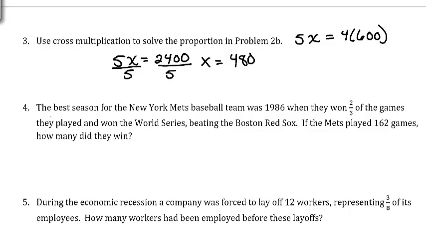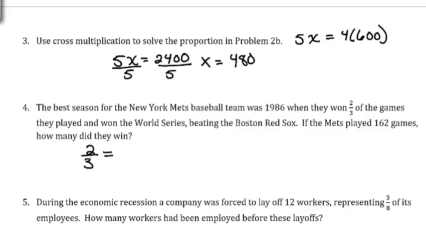The best season for the New York Mets baseball team was in 1986 when they won 2/3 of the games they played and won the World Series, beating the Boston Red Sox. If the Mets played 162 games, how many did they win? They won 2/3 of all their games, so that's the ratio of the number of wins divided by the number of games.